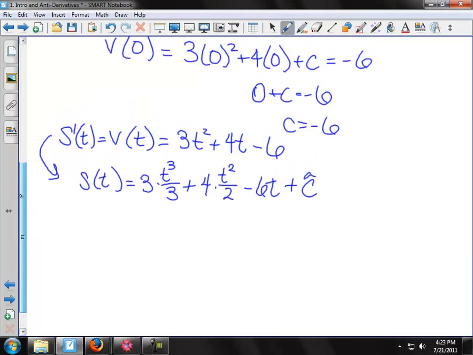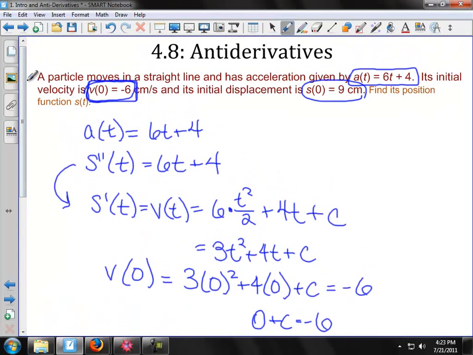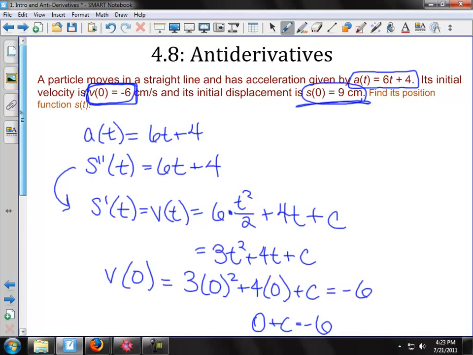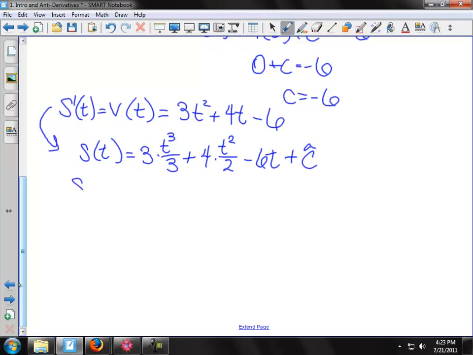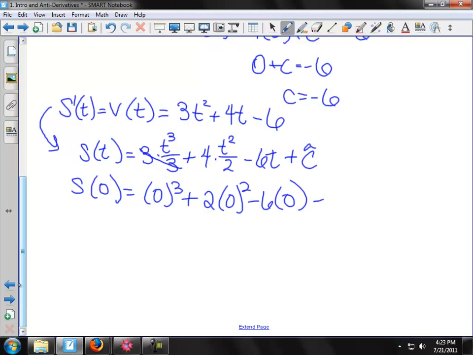And how do we find c hat? That's the last thing we need to do, and we use the information that the original displacement, the original position, is 9. So s of 0 should be, well, we can cancel these 3's, right? 0 cubed plus 2 times 0 squared minus 6 times 0 plus c hat is equal to 9. That tells us that 0 plus c hat was 9, so c hat is 9.